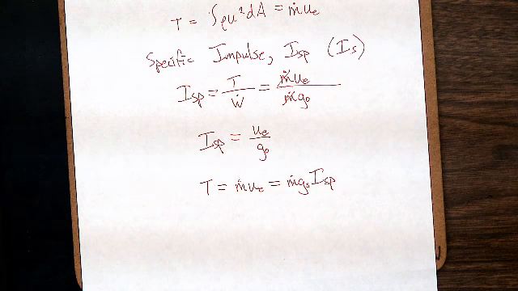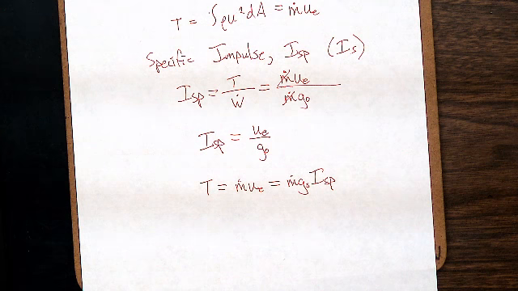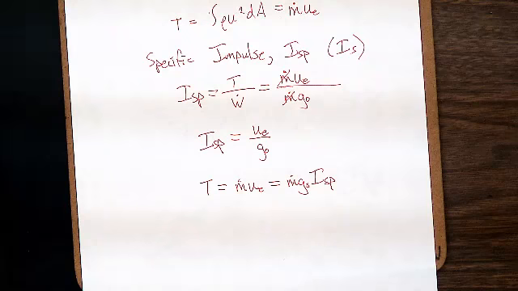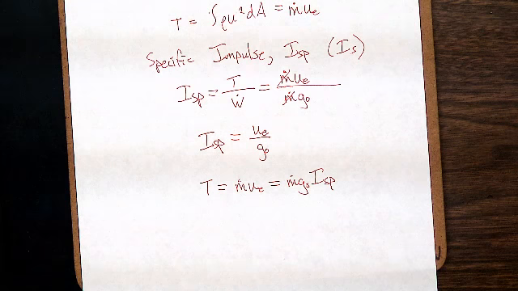So for the same flow rate of propellant, the higher your specific impulse, the higher your thrust goes up. Right? So you want to have a higher ISP. The converse of that is, if you're looking for the same thrust level, if you have a higher ISP, you have a lower mass flow rate, which means you use less propellant for the same mission.